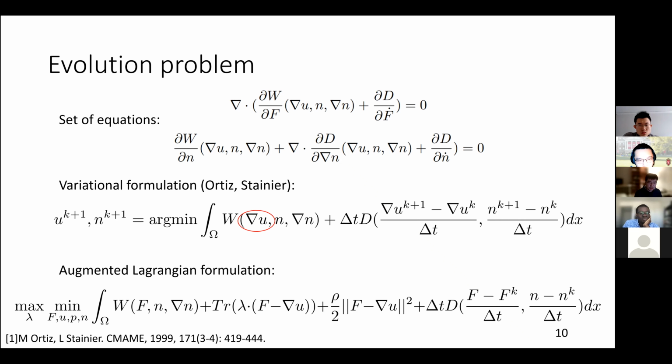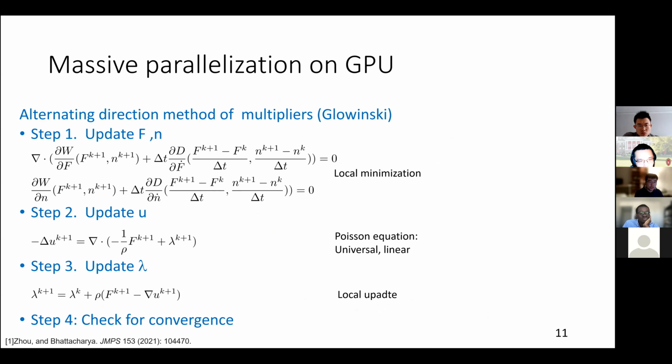So this constraint is enforced by a Lagrange multiplier plus a quadratic penalty term. What's the advantage of this? Because here we have a deformation gradient and the displacement field, there are two variables. We could actually do the alternating direction method of multipliers.